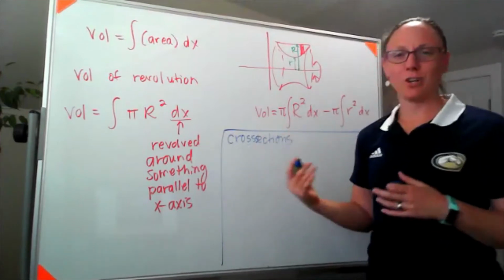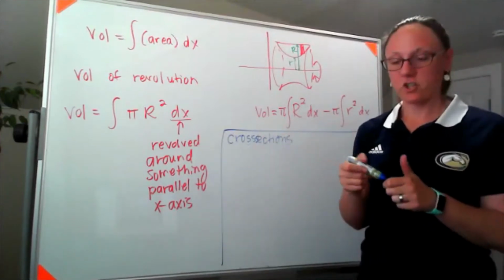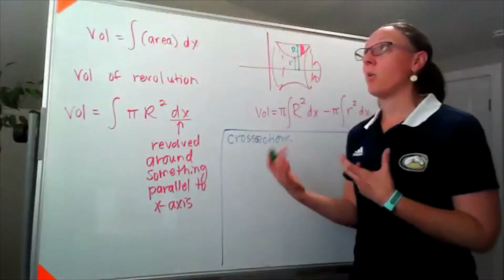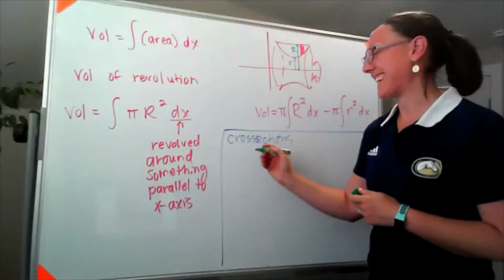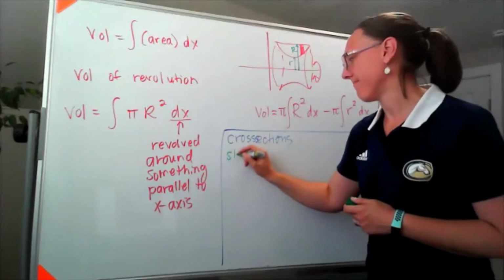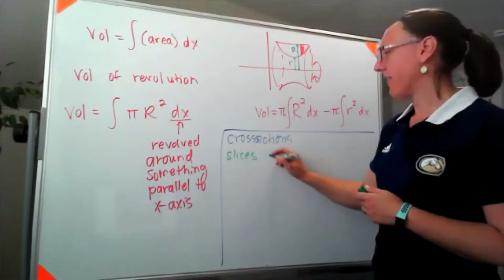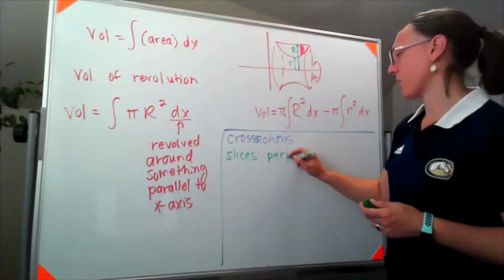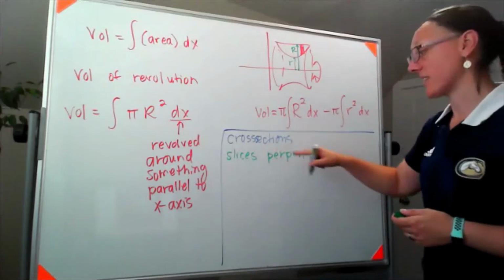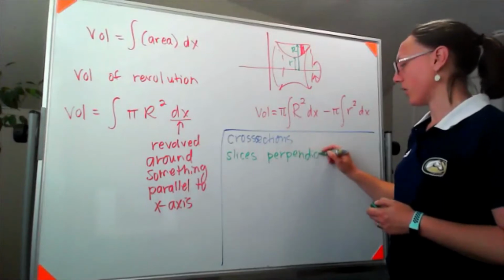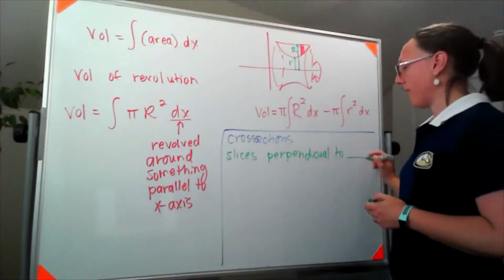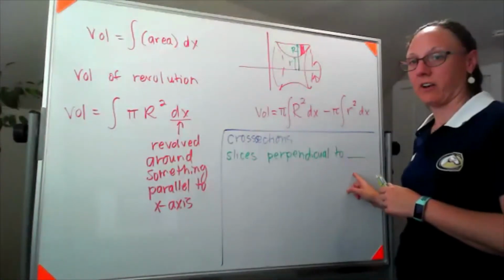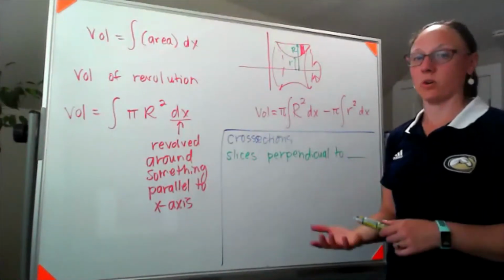So you might see the phrase cross sections show up in the problem, or slices, and then usually it will say perpendicular to, and then it might say x or y, and that's going to determine whether your integral should be written as dx or dy.